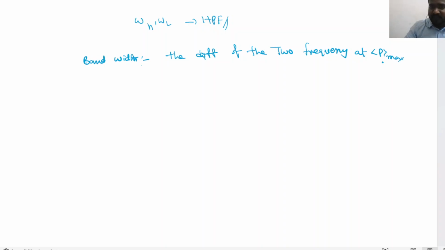Therefore, bandwidth you can take as delta omega, that is omega higher minus omega lower.